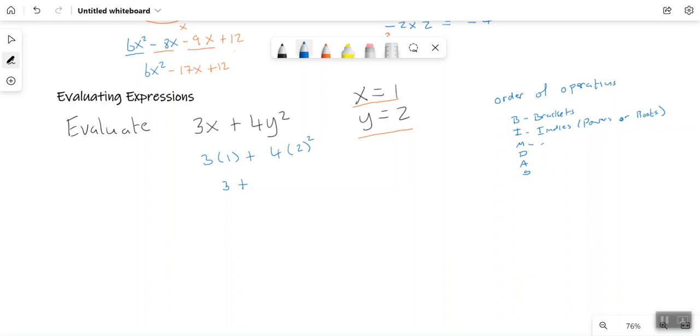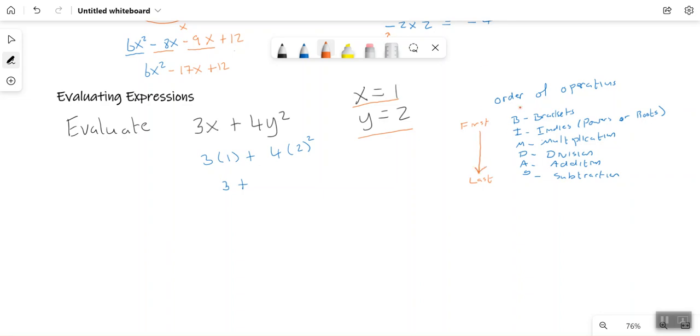We have multiplication, division, addition, and then subtraction. So this tells you, if you have a number of operations at play within an expression, what to do first and what to do last. Whatever's at the top, you do first, then whatever's at the bottom, you do last. Okay, so it goes in this order.